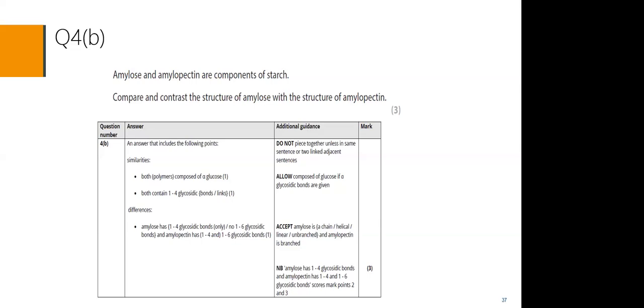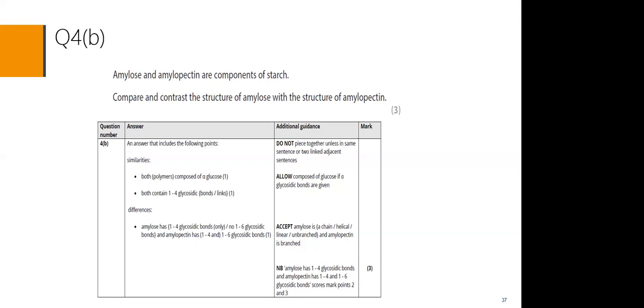And to ensure that this is the case, the question is written and the mark scheme constructed so that in this case, there are 2 similarities and 1 difference. It might be two differences and one similarity, or it might be two similarities and two differences, because you've still got to get one from each side in order to get full marks.